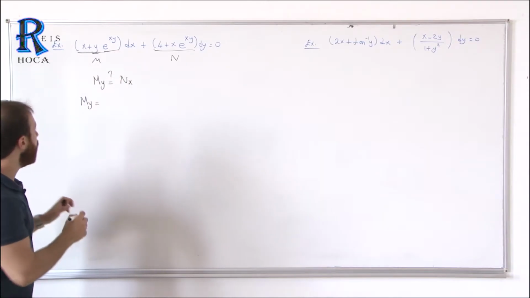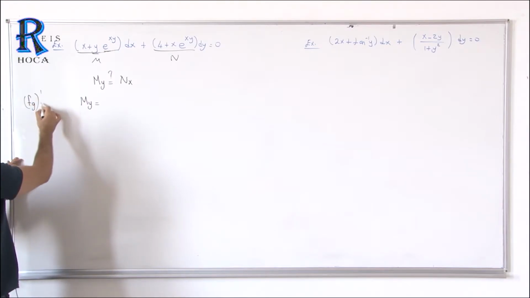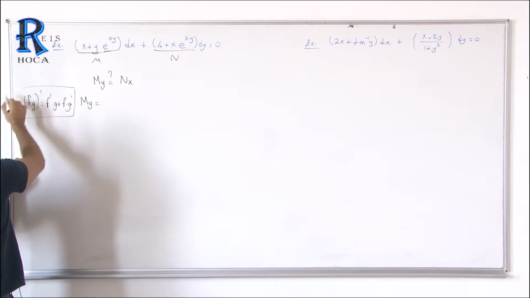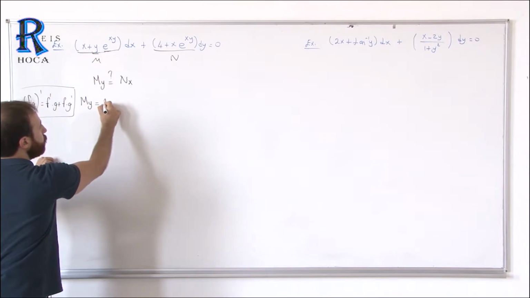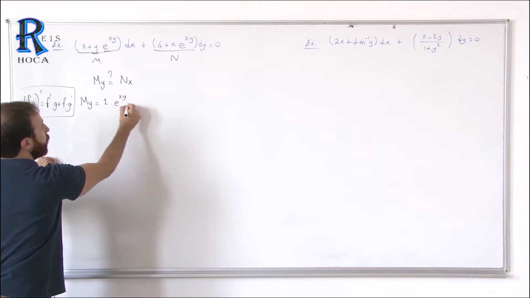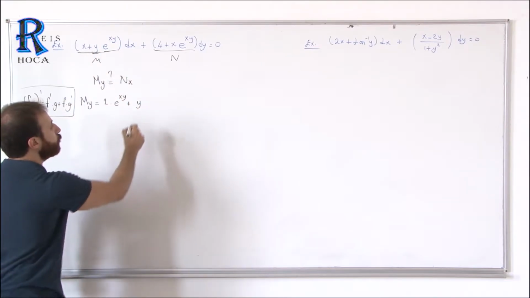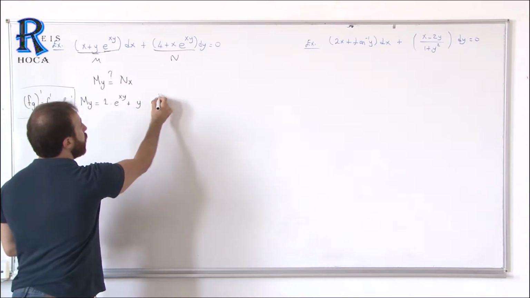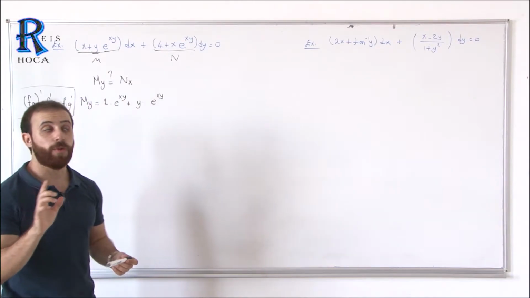What the product rule says: for f times g, derivative of first times second, plus the first one times derivative of second. Derivative of first, derivative of y equals 1, times the second one directly, and the first one y times derivative of second one. Derivative of e^(xy) itself times, don't forget to take the derivative of the power.